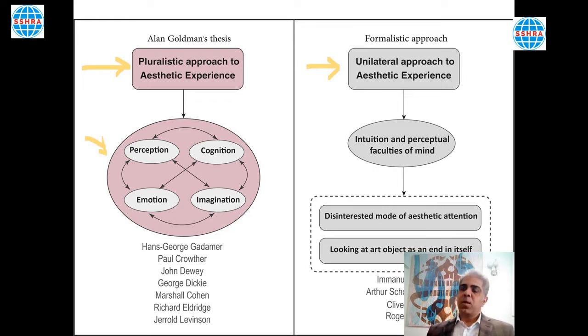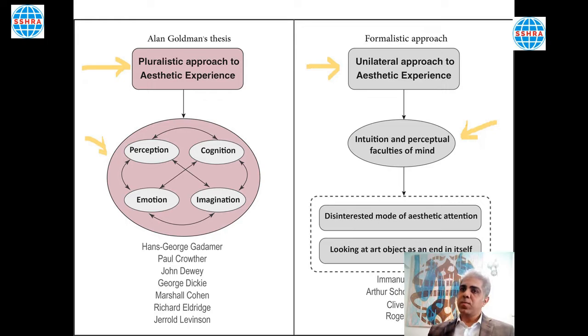For example, Clive Bell and Roger Fry consider significant form, the formal relations of the paintings and the relationship between them, as important for aesthetic experience. For them, intuition and the perceptual faculties of the mind are the most important thing, and they consider no role for other faculties like imagination, cognition, and emotion.